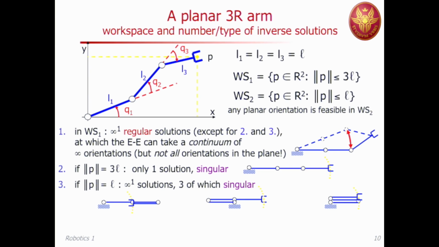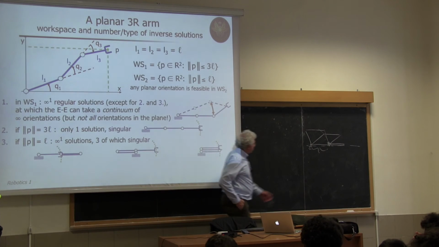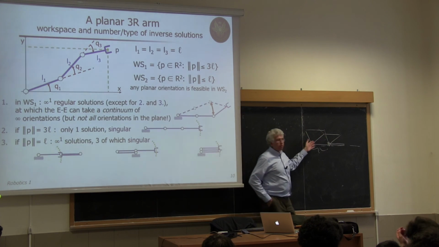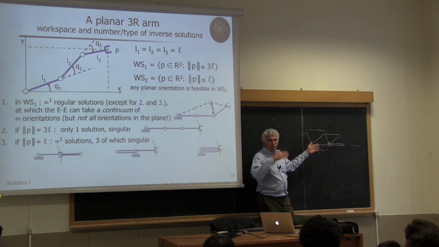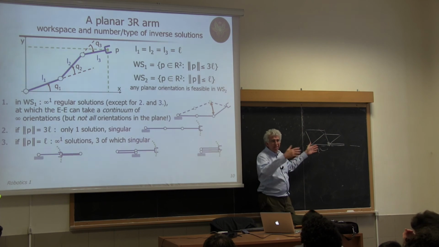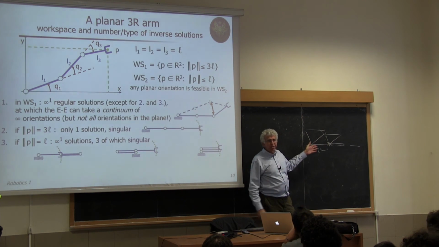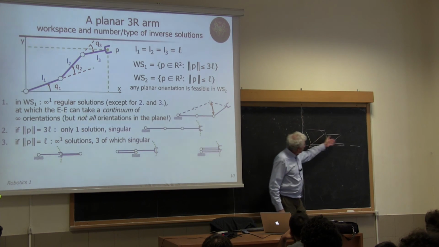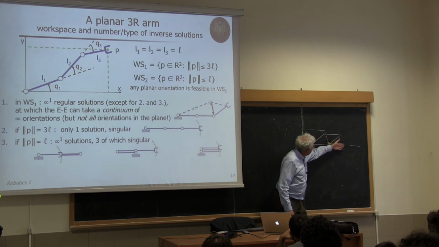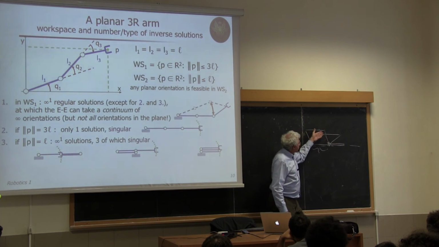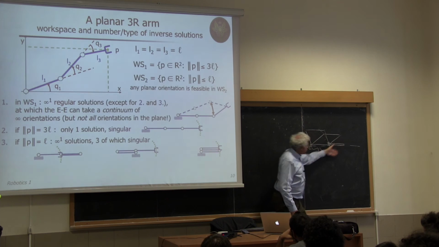Again, we'll be more accurate when we introduce the Jacobian associated to this robot. But if you think of this type of mechanism which was used in trains 2 centuries ago, of course this solution is singular because at this point you don't know if you're moving on this direction or in this direction.